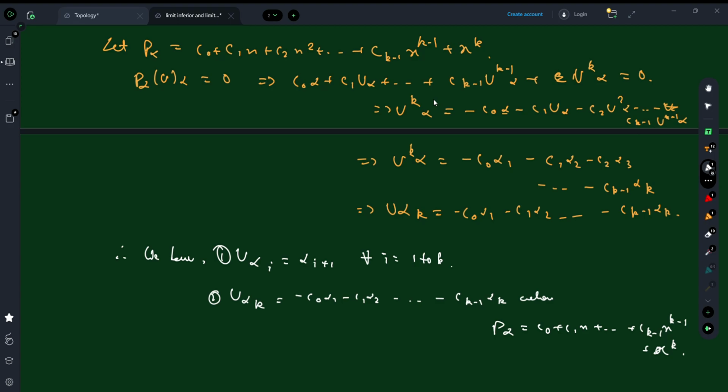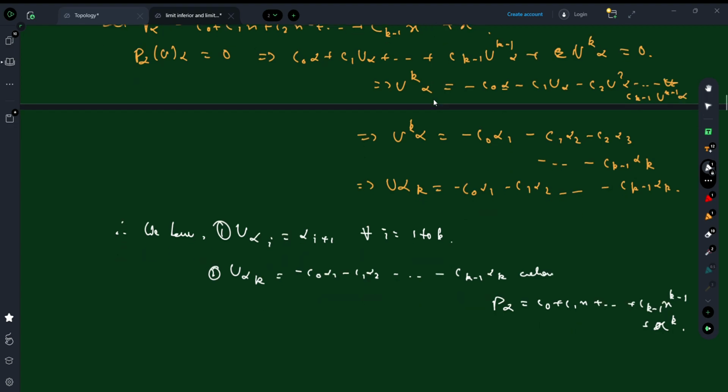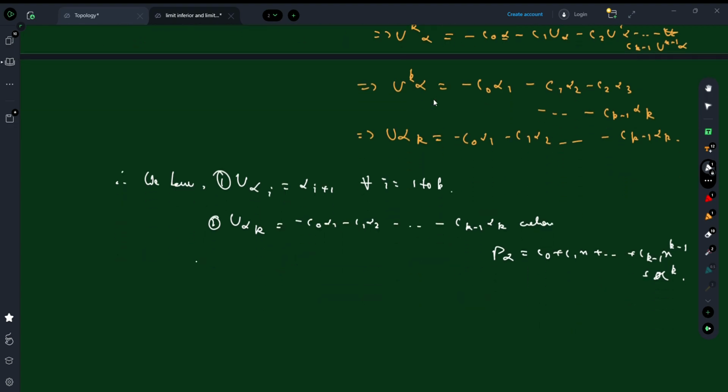But these elements alpha 1, alpha 2 till alpha k form an ordered basis of W. Therefore what can I say about the coordinate matrix of U alpha i when i is equal to 1 to k minus 1? So see, this vector is expressed as a linear combination of the basis vectors alpha 1 till alpha k by having the coefficient 1, positive 1, with the basis element alpha i plus 1, and all the other coefficients are 0, right?